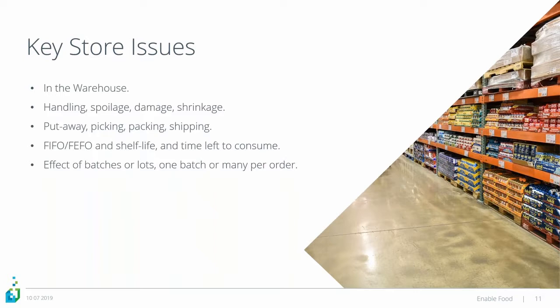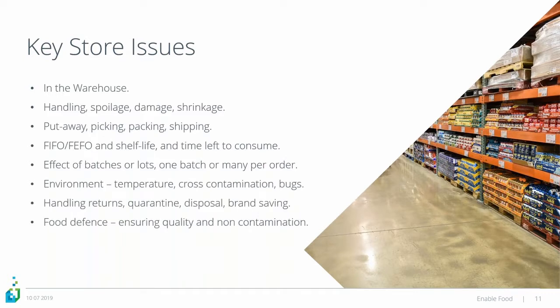So there's a lot of traceability so that you can see what product went where. But one of the key things that comes out is this: how many batches do you allow per order? Some people don't care, but some customers are very specific. I only want those items from 1 batch, and if I'm asking for 100 and there's only 80 in that batch, just give me 80. So that can lead to confusion.